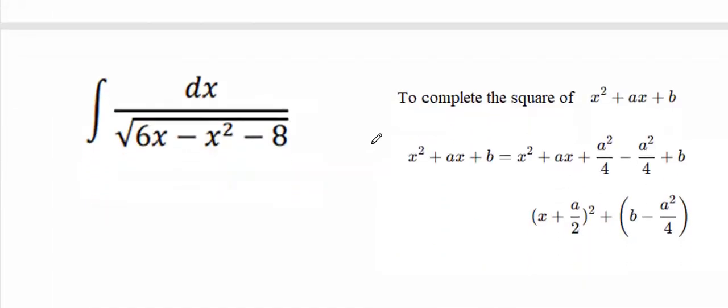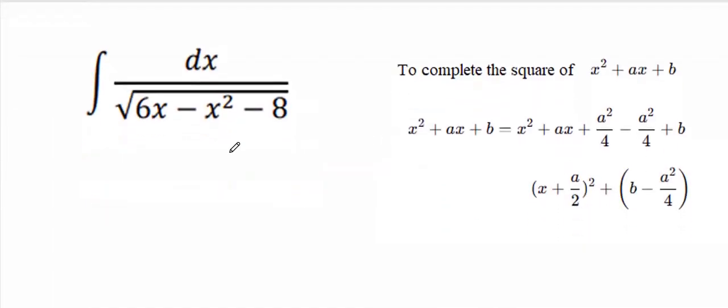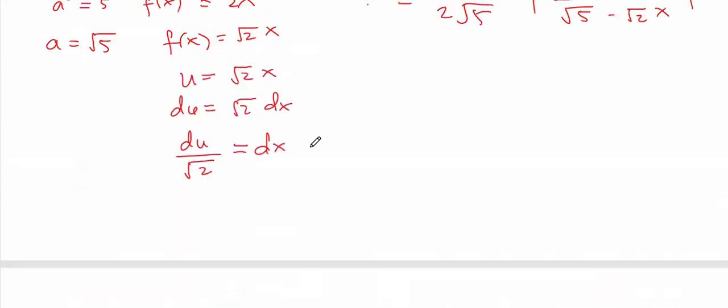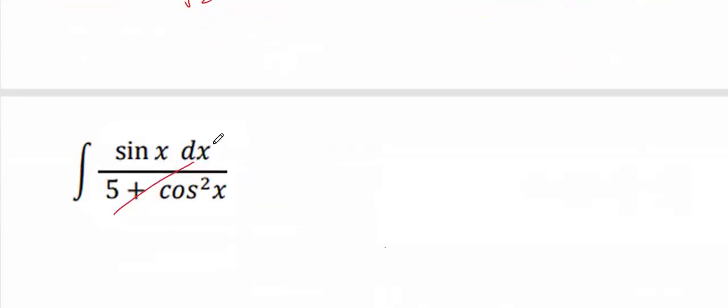Okay, let us solve the following. Wala tayong makikitang sum or difference of two squares. Hindi naman po pwede if we let u be 6x. By the way, kung meron tayong, halimbawa ito, try nyo d over u.